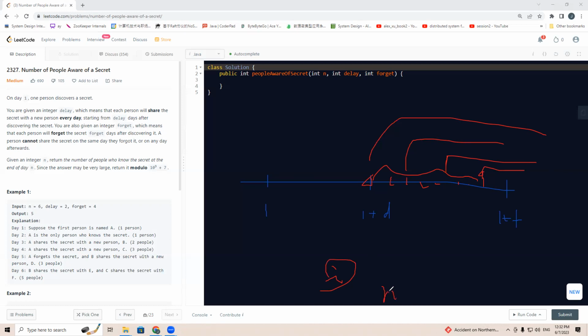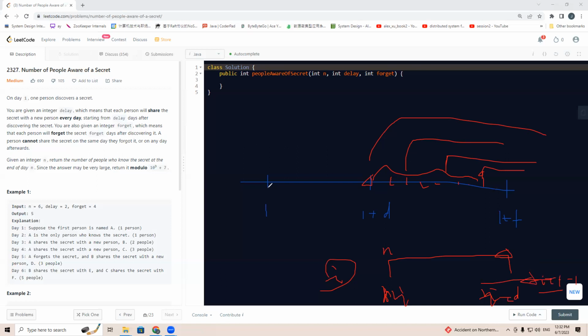These n people can pass the secret on in the range i plus d to i plus f minus 1, right?